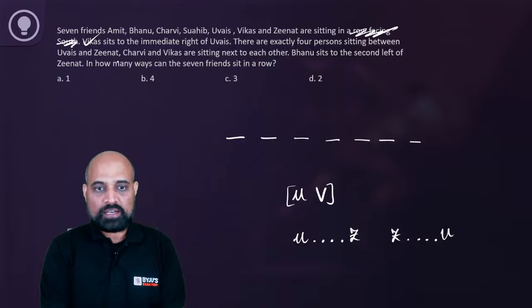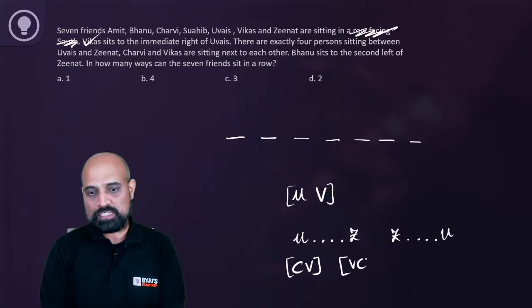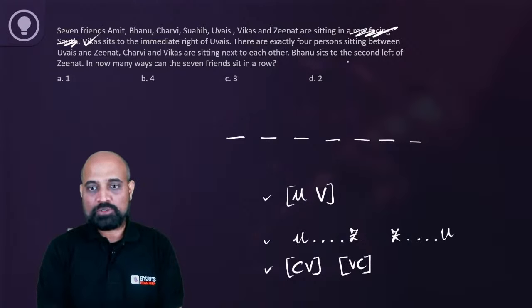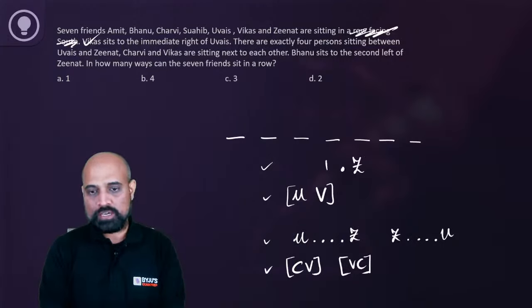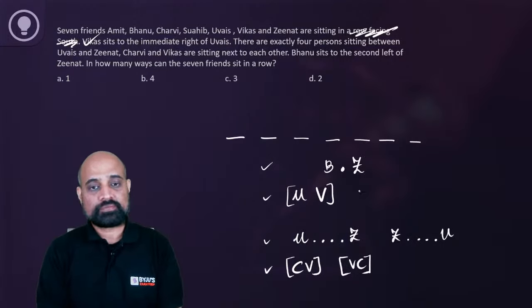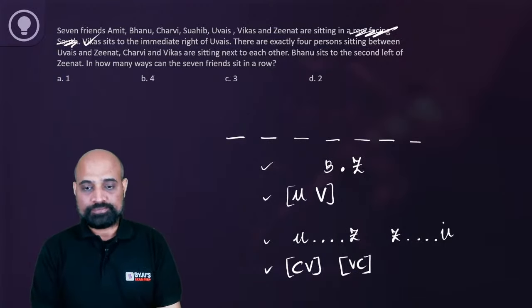Okay. C and V are sitting next to each other. So we can have C and V like this, or I can have V and C like this. These are the 3 points so far. Bhanu sits second to the left of Zenith. So if Zenith is over here, leaving one, Bhanu is here, right? Okay.